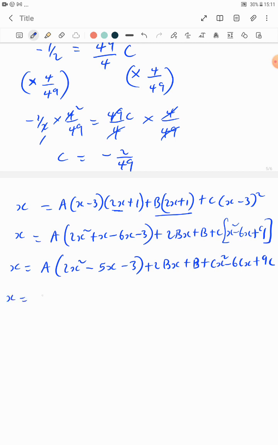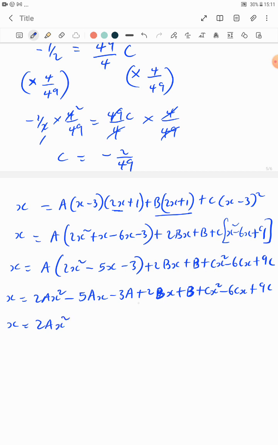So that will be 2ax squared minus 5ax minus 3a plus 2bx plus b plus cx squared minus 6cx plus 9c. And then we can collect like terms.